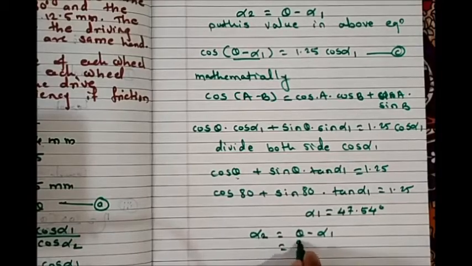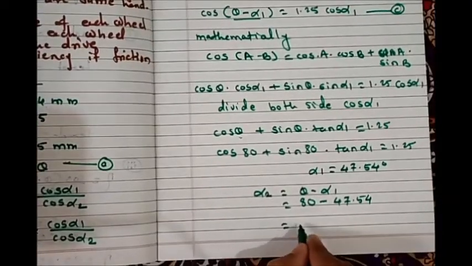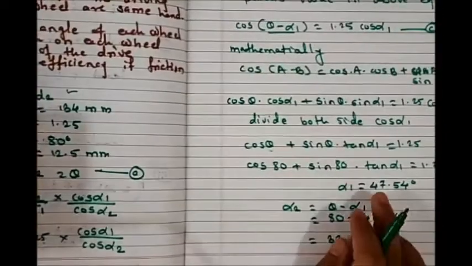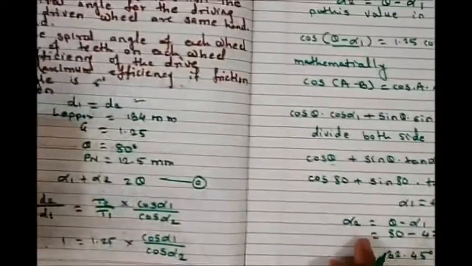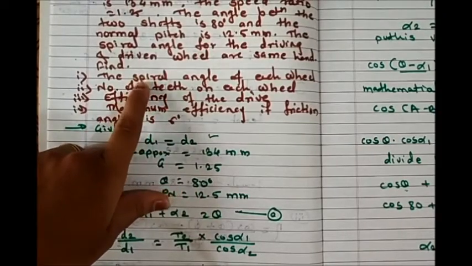Theta is 80, minus alpha 1 which is 47.54, so alpha 2 is equal to 32.45 degree. In this way we get alpha 1 and alpha 2. So the first question is completed. They ask for the spiral angle.